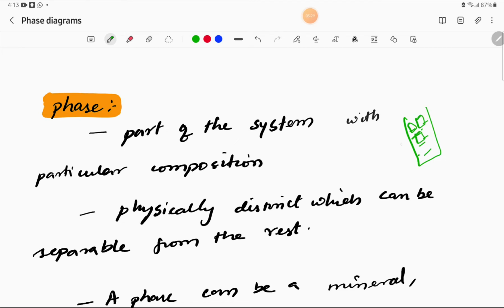Now here, although everything is H2O, you have two phases in it: ice, which is a solid phase, and water, which is a liquid phase. So that is phase, which is physically distinct and can be separable from the rest.